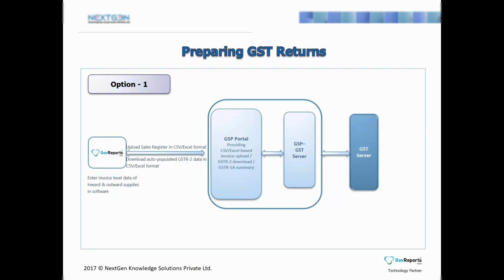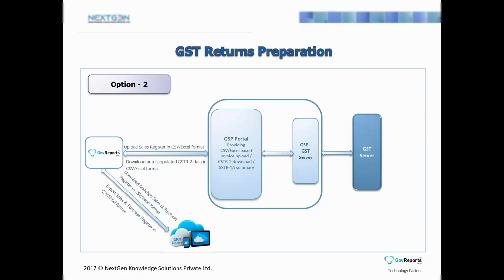Similarly, he can download the auto-populated data in the form of GSTR2 in CSV or Excel format, then match it with the data which is lying in his accounting record and then upload the data again to the GST portal. So this is the one option which a taxpayer can use. This will be mostly for small taxpayers where the number of invoices is limited and data can be manually entered into the compliance software itself.